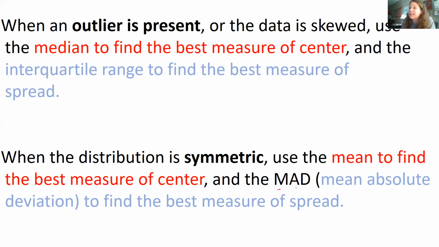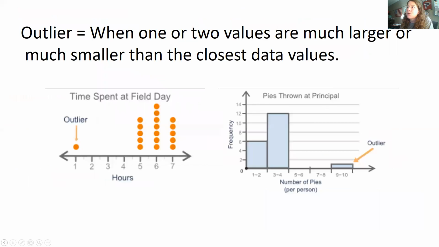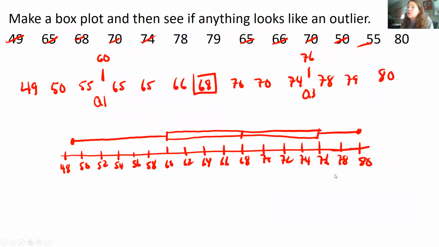And then last week we talked about the mean absolute deviation. That would go along with the mean, that middle part of your data. All right, so the interquartile range, I don't think I talked to you guys about that. To find the interquartile range, you know how we're finding the lower and upper quartiles? The interquartile range is the difference between the lower quartile and the upper quartile.